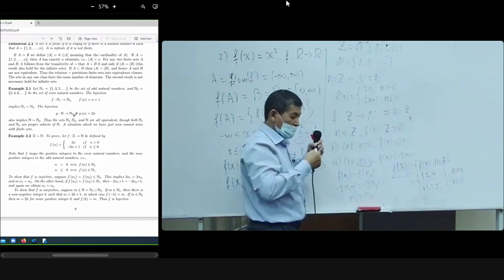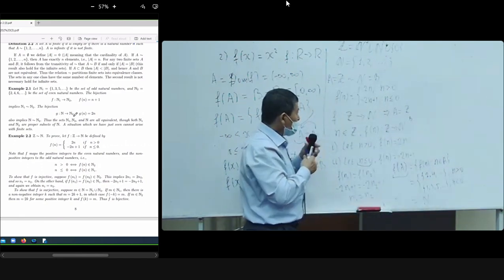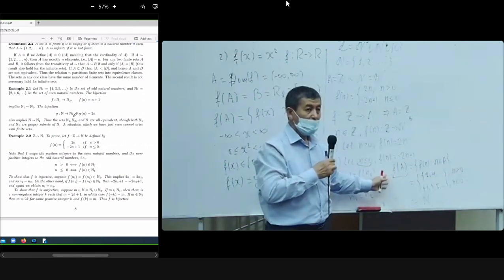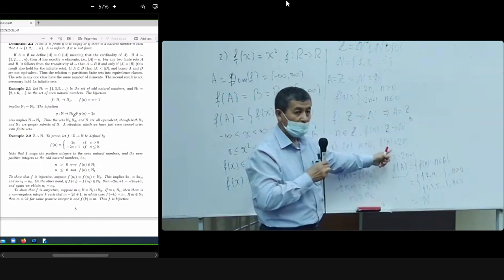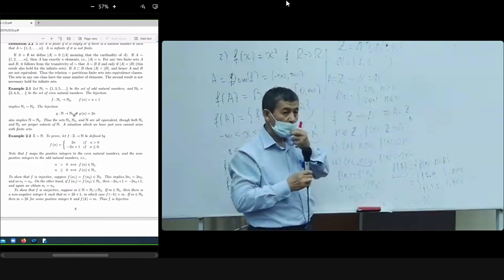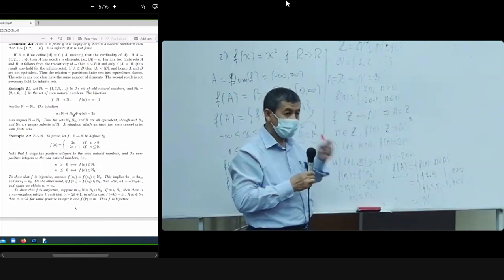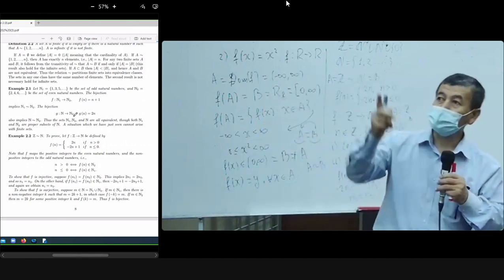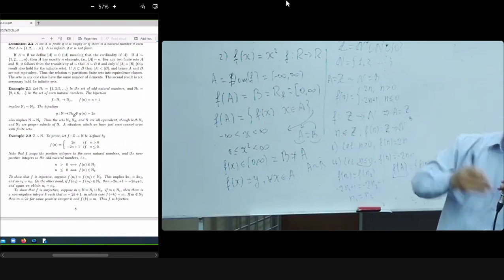Together, I'm getting the n. So the surjectivity is counted together, not separate. Understand that? So that's the proper proof of the example. This is actually an example.